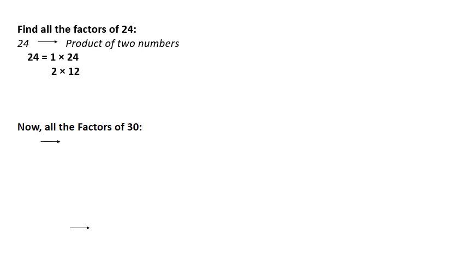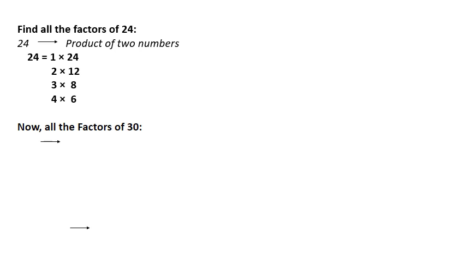After 2, we will think of 3. So 3 eights. Here 3 and 8's product is 24. Then 4 sixes. So 4 and 6 give a product of 24. After 4 comes 5.